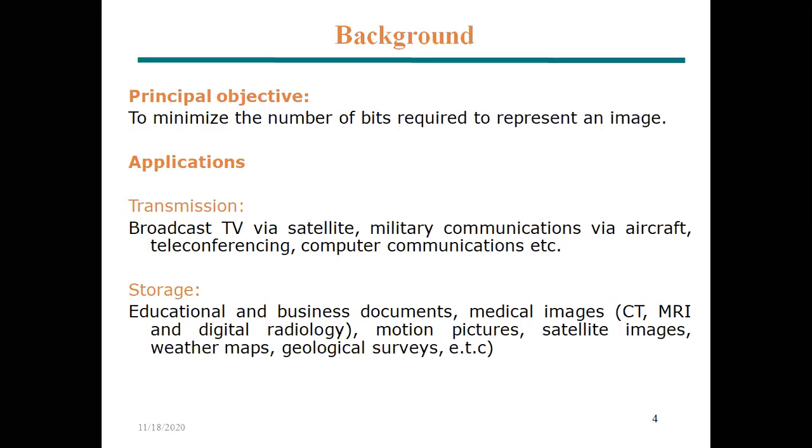If you are able to reduce the number of bits required to represent any pixel, automatically the number of bits required to represent an image is also reduced. Then the memory required, or the transmission time required for transmission of the data, is reduced. That is the main objective of image compression.